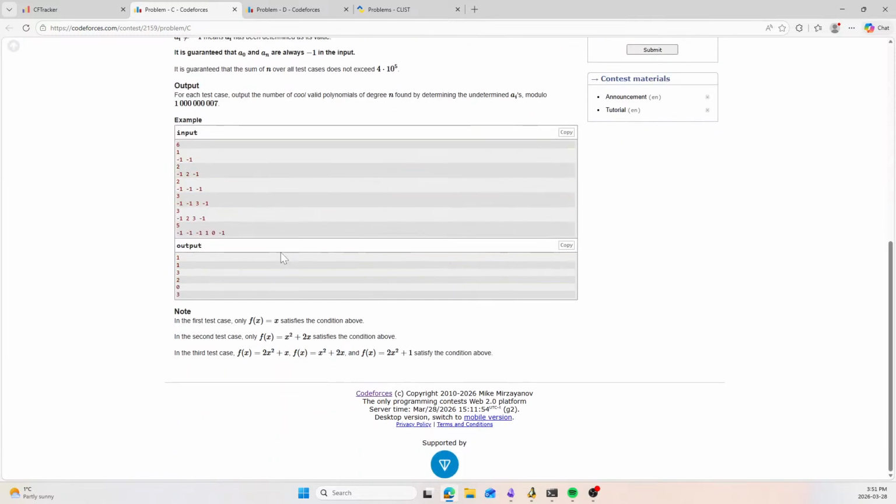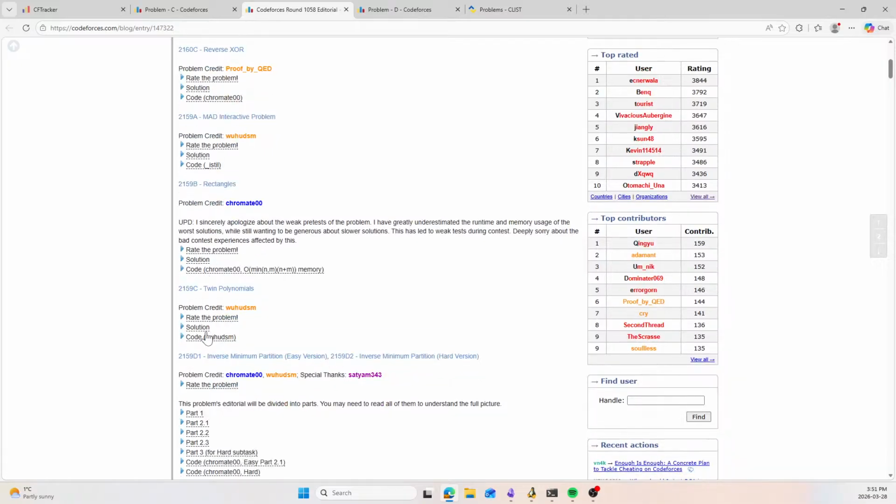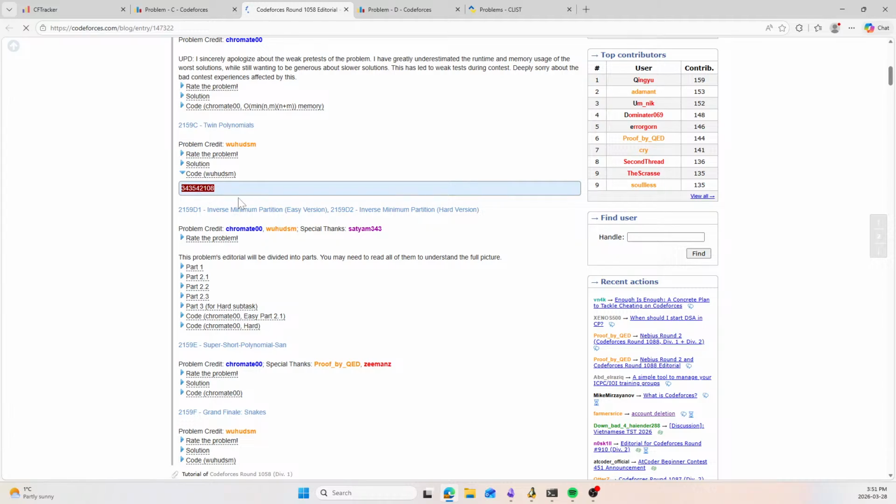Alright, I think I solved this. This is what I'm going to say. Oh, this is 0. If this is 0, then what happens? I feel like, look at the tutorial. The solution is really short. Or, forget this code.